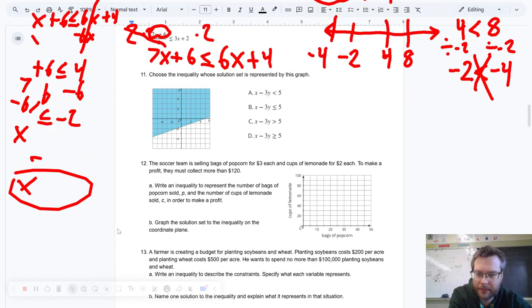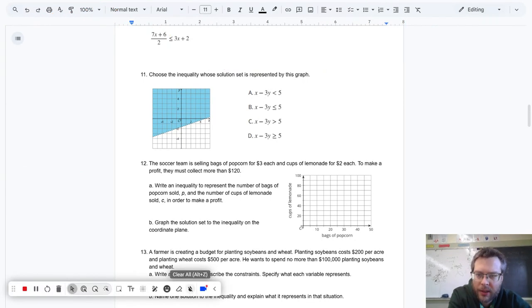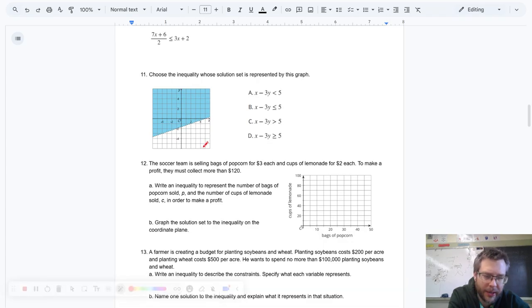All right, number 11. Now we're looking at two variables. Choose the inequality whose solution set is represented by this graph. One way to do this is to go through process of elimination. For example, I noticed this is a dashed line.